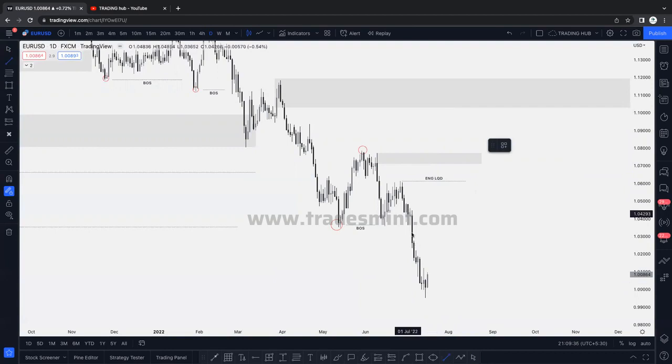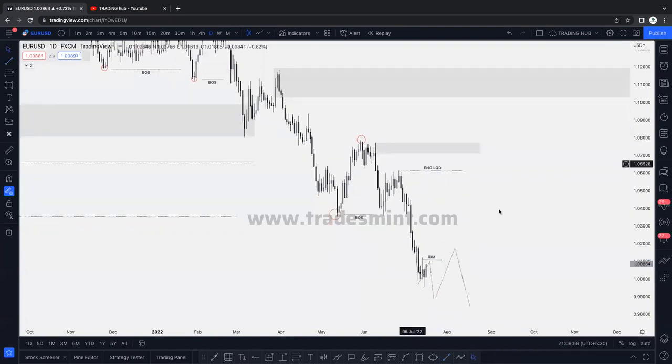At this point, this is a minor structure. This is a single leg and the price is trying to push or develop like this. Then we are anticipating this acts like an inducement here, and then we can expect the price to push downside again. These are two possible scenarios in the daily time frame in EUR/USD.